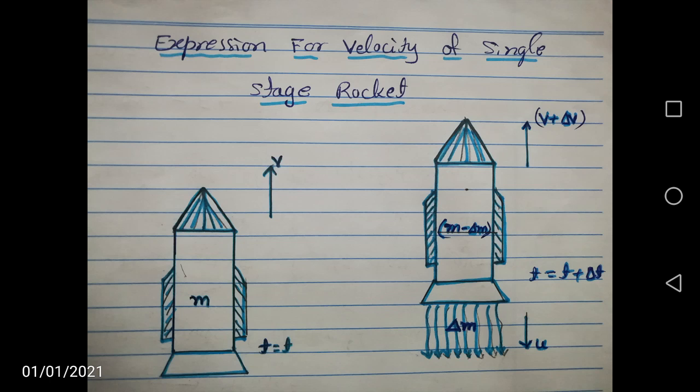Similarly, if a rocket is identified as a system, the mass of the system is continuously decreasing with time due to combustion of the fuel it contains. The motion of such systems of variable mass is explained by using the impulse momentum theorem and the principle of conservation of linear momentum.